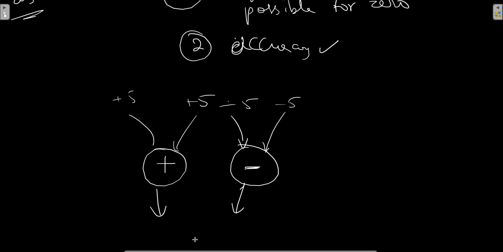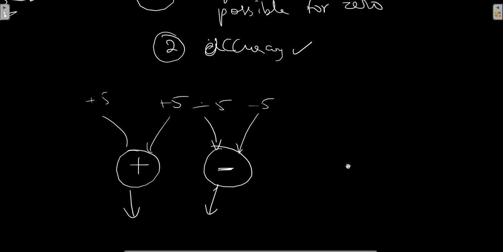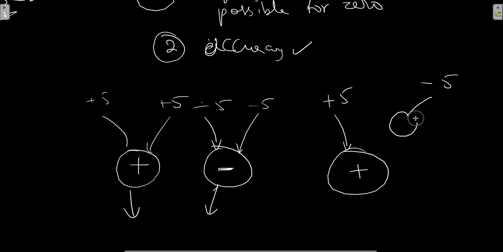Instead of doing this, by using the complement method I am taking a single adder. For this I am taking plus 5, and the next one is minus 5. This value I am doing 2's complement because we are preferring the 2's complement method. Then that value will be converted into positive.